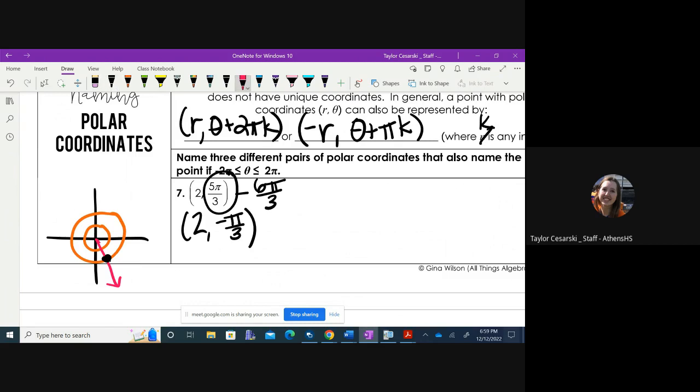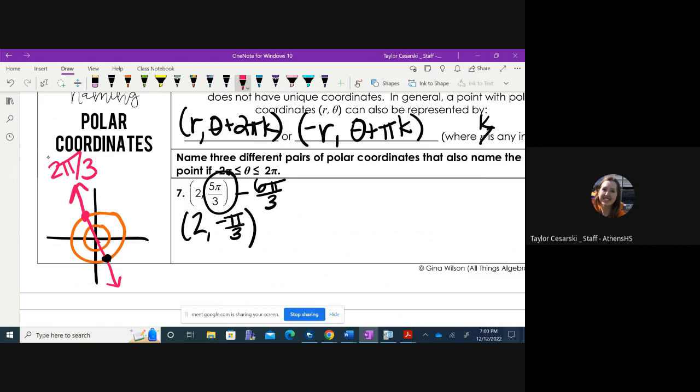So then the question becomes, what about if I were directly across from this angle? Okay, first we have to know what angle is directly across from 5 pi over 3. That would be 2 pi over 3. So I know I have a choice of walking towards an angle or away from an angle.